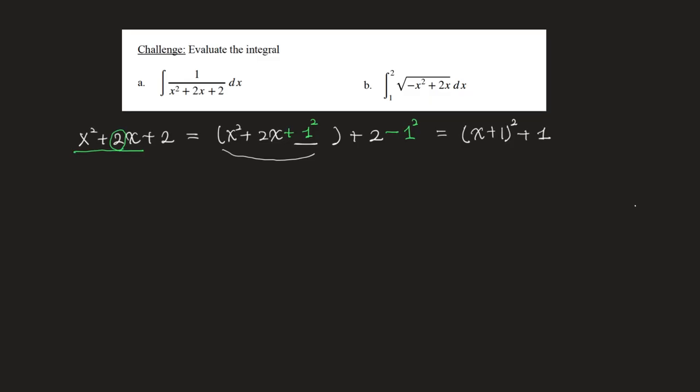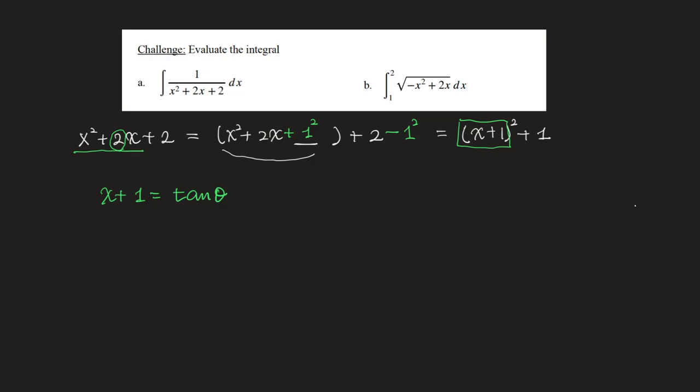So after you change this into the complete square, this form is something squared plus something. Which one are you going to use? Put this whole thing together, guys. Here is the variable, here is the number. So you're going to use x plus 1 equals tangent theta. Guys, make sense?